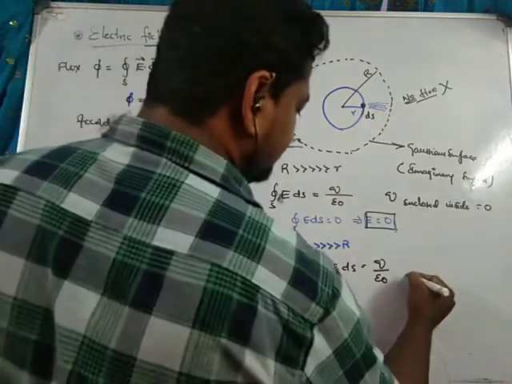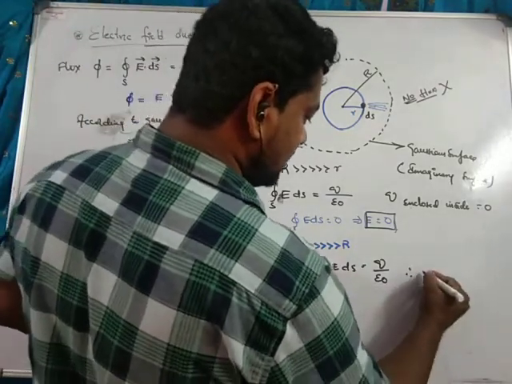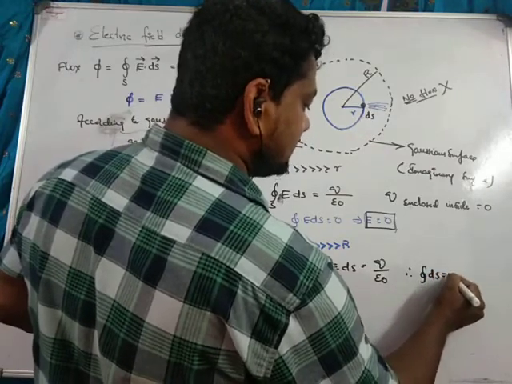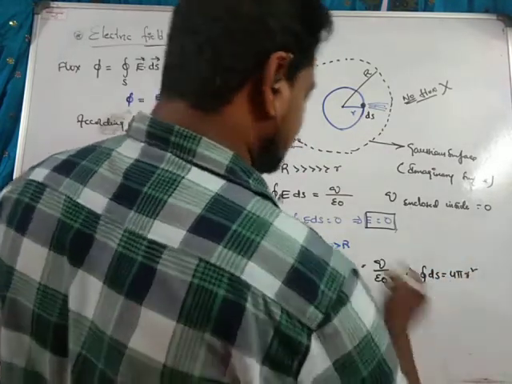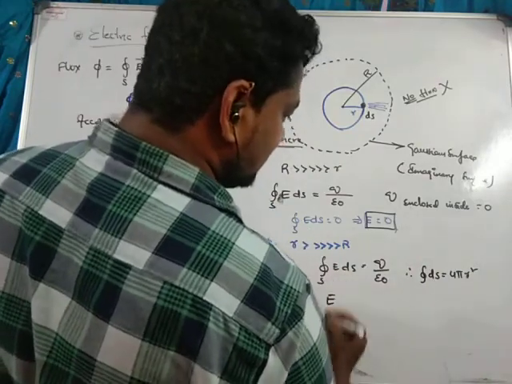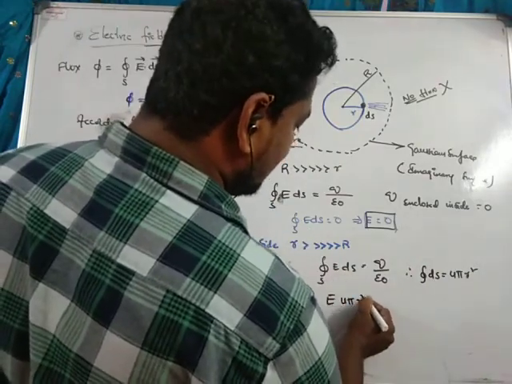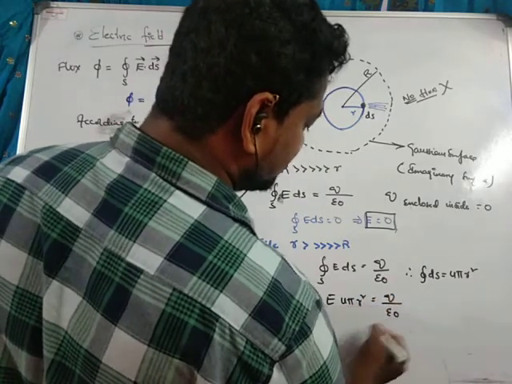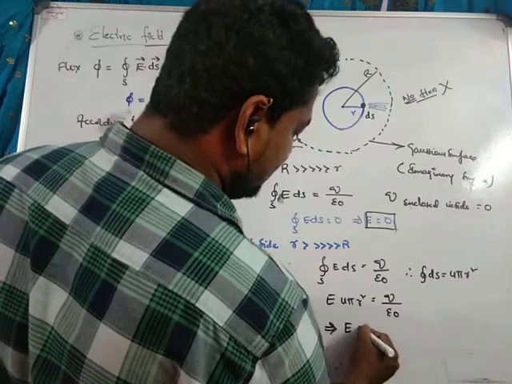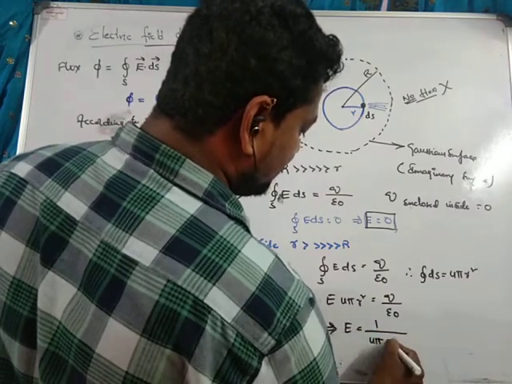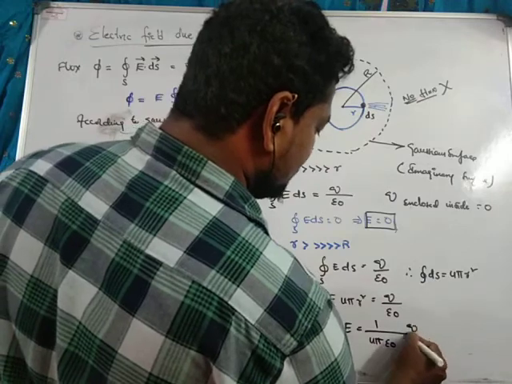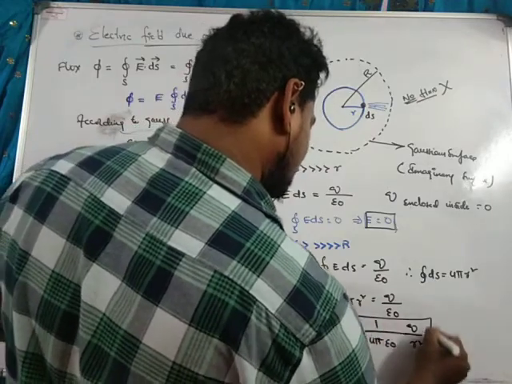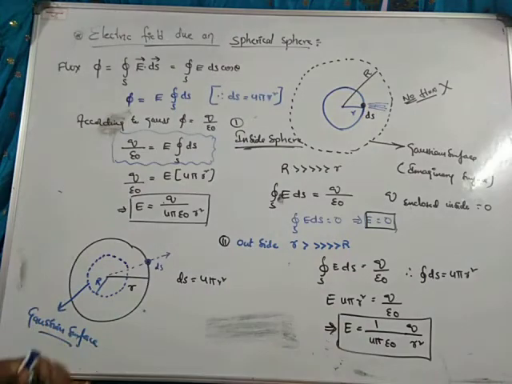Substituting the value, E into 4 pi r square is equal to q by epsilon naught, which implies E is equal to 1 by 4 pi epsilon naught q by r square. This will be the field of a sphere if you consider outside. If you consider inside, the value will become 0. If you consider outside, we get this value.